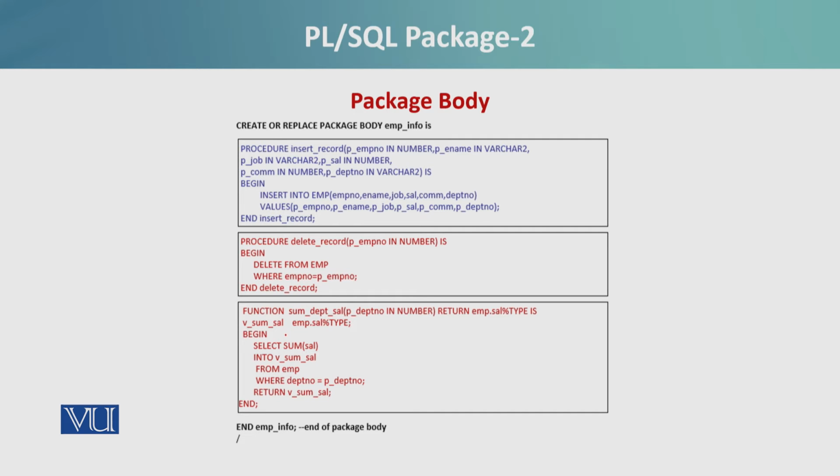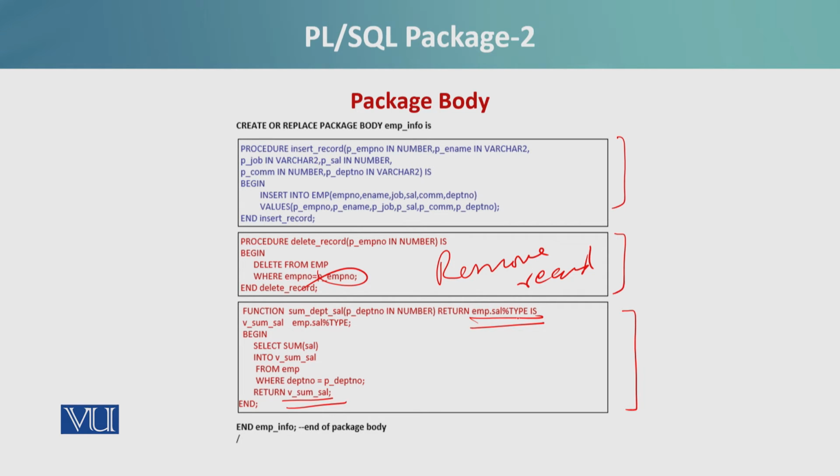In this one we have one body of the package, we have a second body of the package, and we have a third one where we have removed the particular records and we need only one parameter. So this is how we can manage it. Similarly, we can find out the total salary and then we return the value, as we have a return value over here.